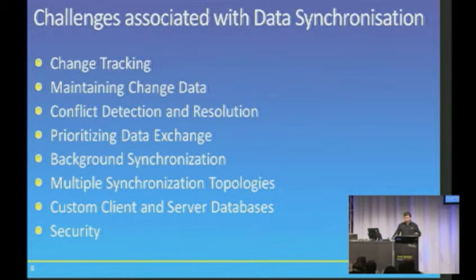And if you're on a slow connection, obviously you do want to prioritise the synchronisation. You also want to be able to synchronise in the background, because nobody wants to sit there and say, sorry, application busy, you can't do anything. So it has to happen as a thread in the background.